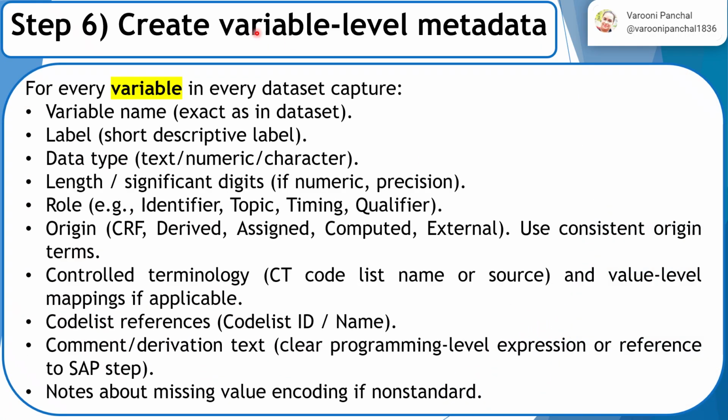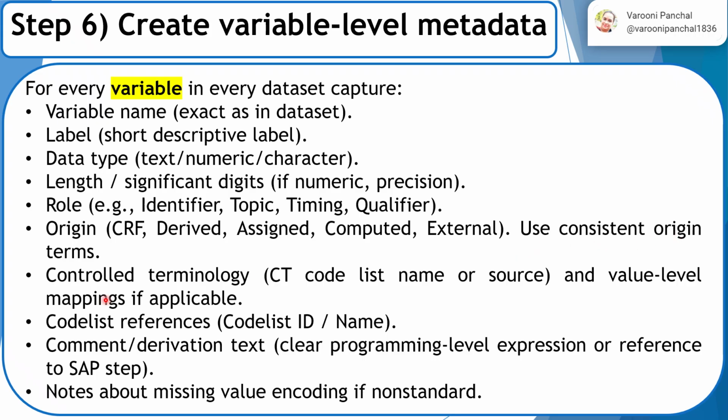Step 6. Create variable level metadata. For each variable in every dataset, capture variable name exactly as in the dataset, label, a short descriptive label, data type: text, numeric, or character, length, significant digits if numeric precision, role, for example, identifier, topic, timing, qualifier, and origin, whether it's CRF, derived, assigned, computed, or external.